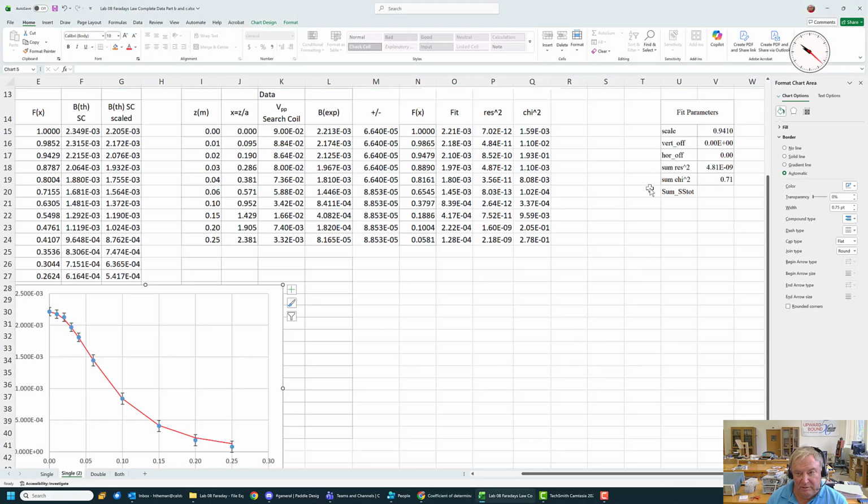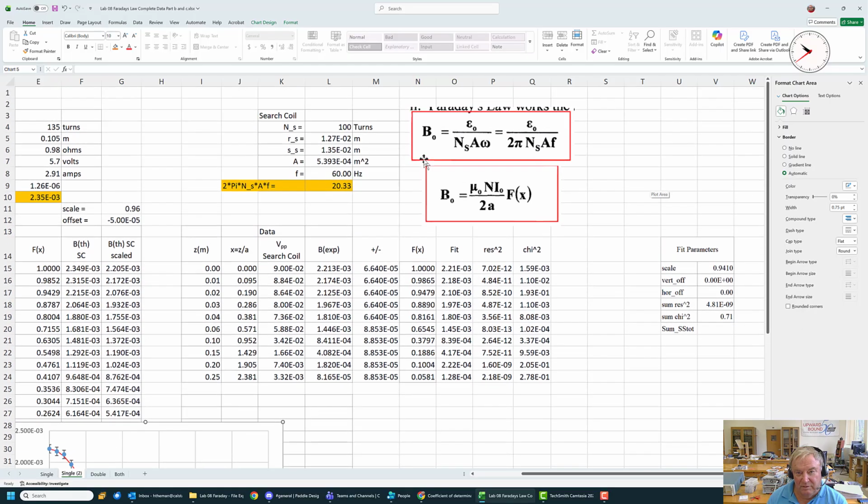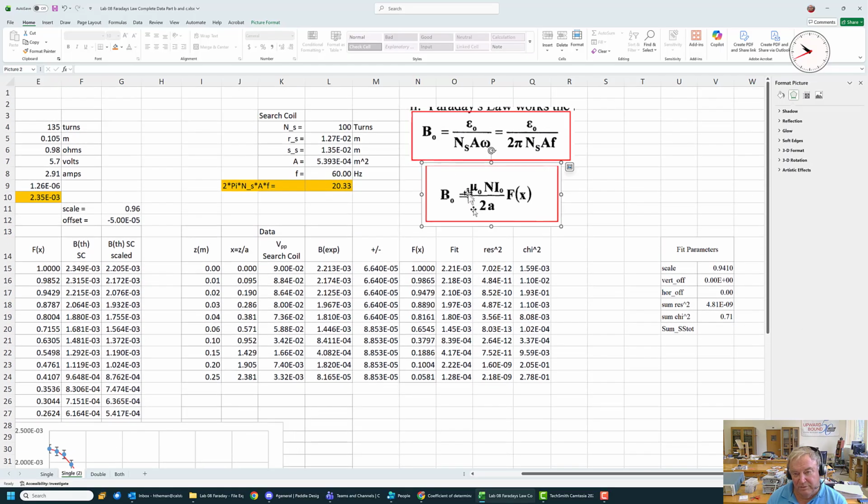This is more important in physics and engineering, where our fit parameters are pretty much known to us, like this formula for f of x, and we can separately test these equations.